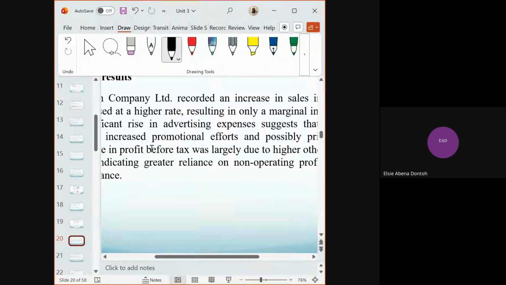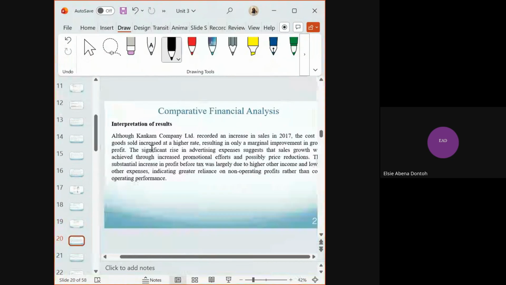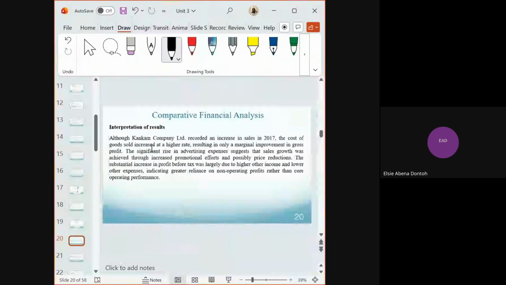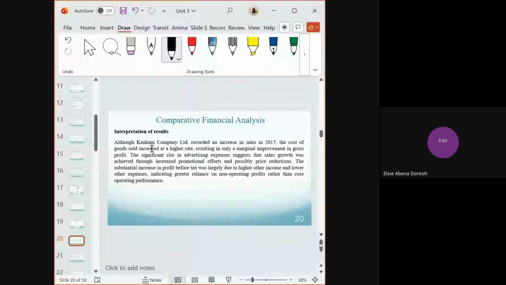So for the interpretation, we can see that CAM Company Limited recorded an increase in sales, which we have all witnessed in 2017. The cost of goods sold increased at a higher rate, resulting in only marginal improvement in gross profit.